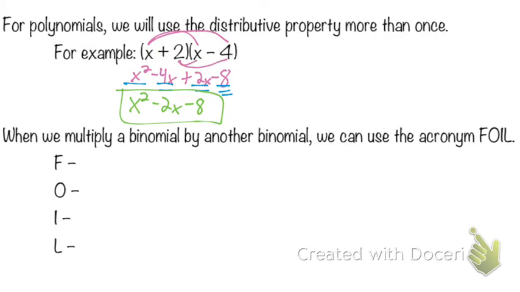So x times both of these things, 2 times both of these things, and we ended up getting every single combination possible between those 4 that are multiplying, except for x times 2 because they're adding, and x times negative 4 because they're subtracting. We have this acronym FOIL that helps us remember what we do when we multiply a binomial times a binomial, which is what just happened here.